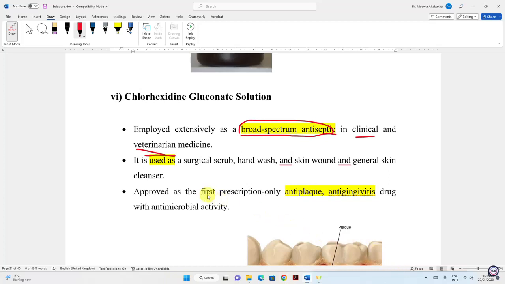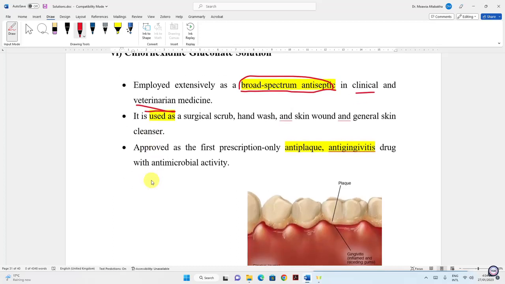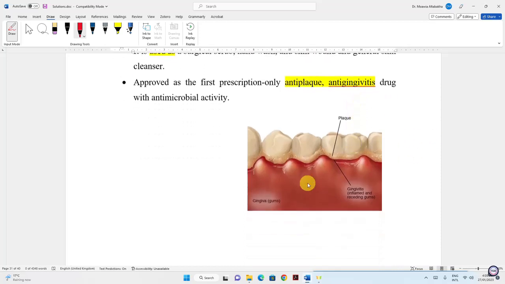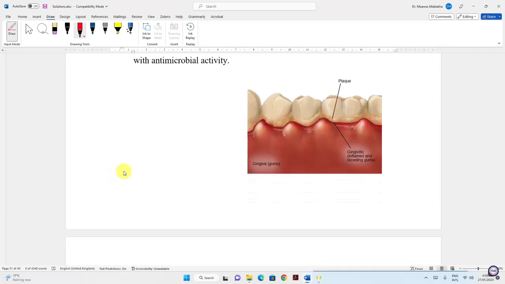It's a general skin cleanser. There is also a prescription-only preparation for the mouth, to treat tooth plaque and gingivitis. This is what you see here in the photo. You see the plaque and the gum inflammation, and the plaque that is formed at the base of the teeth.